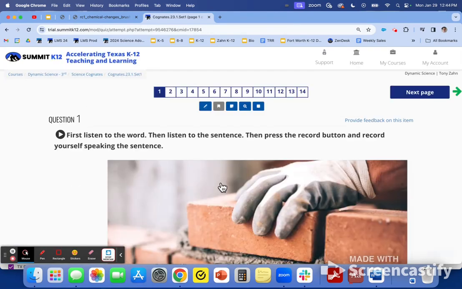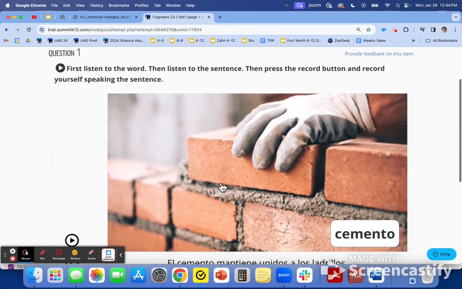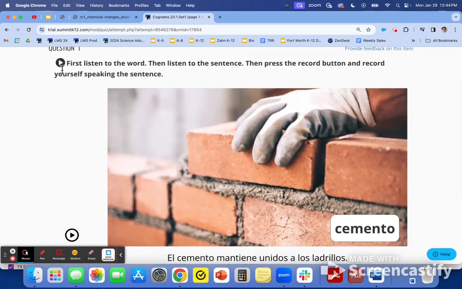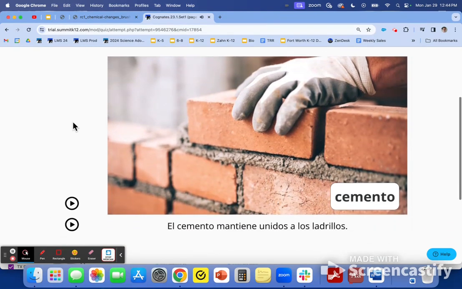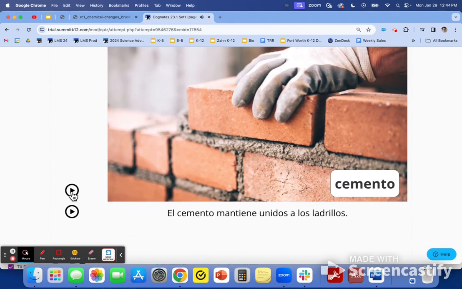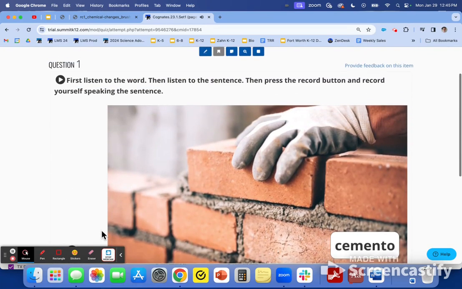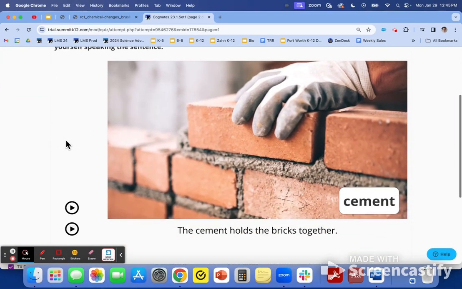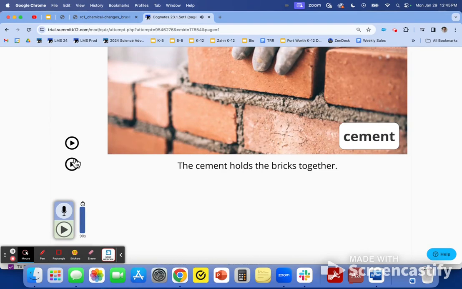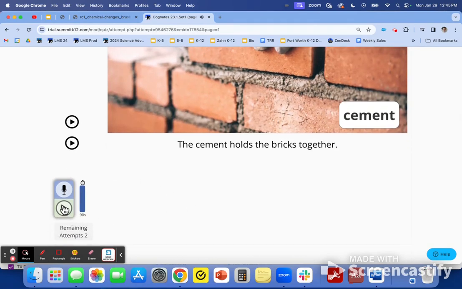But students get the opportunity to hear and to listen and to speak. Text to speech, then in the second question, they get to hear and they get to record.